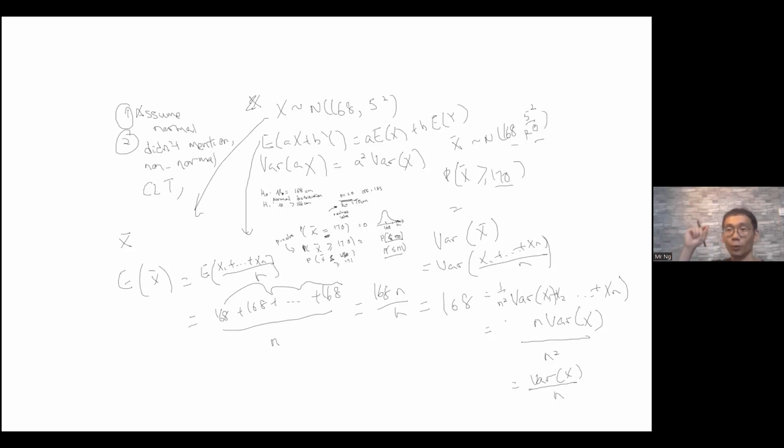Take note, always form the full picture. So in exam, I say again, this is important: what you need to do is read through the questions and look out for whether they say normal or they never say anything. If they never say anything or they say it's binomial, you need to use CLT. So what is CLT?